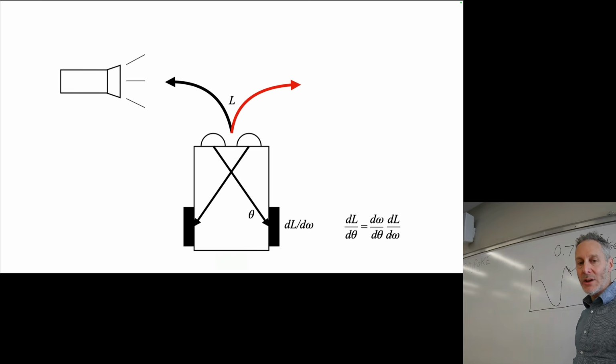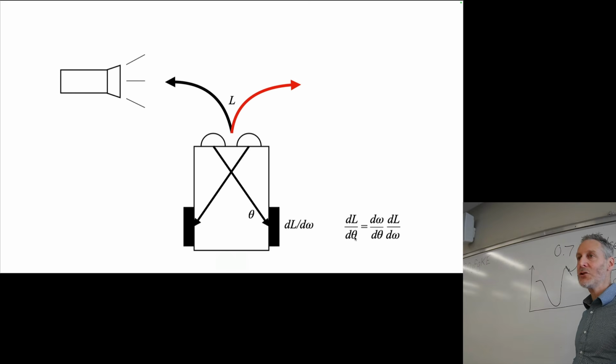Using the chain rule here, if we multiply these two known slopes together, this positive number times a negative number gives us back how L changes as a function of theta. Now we know. How does L change as a function of theta? A positive number times a negative number is a negative number.